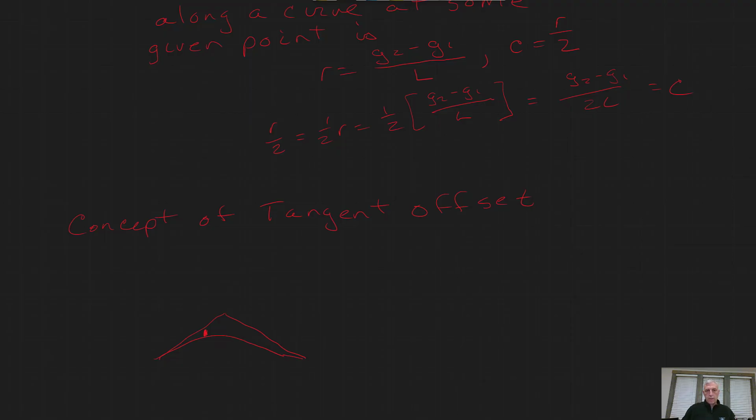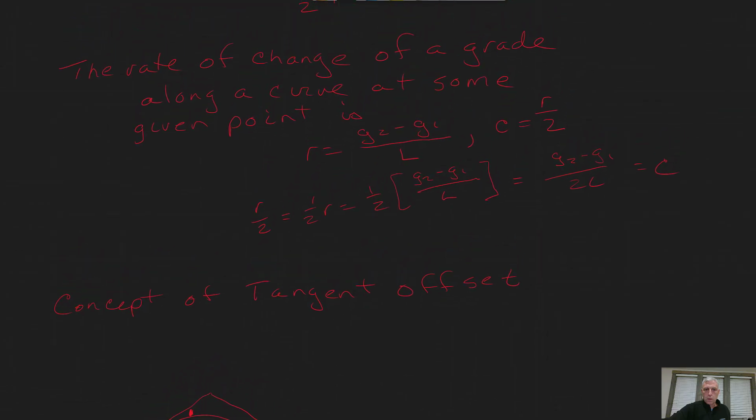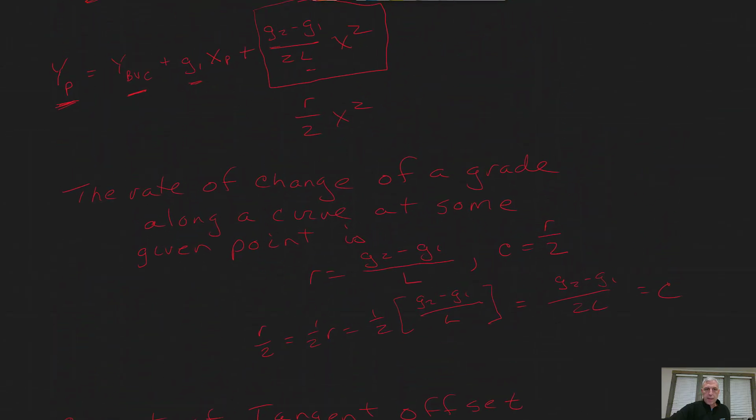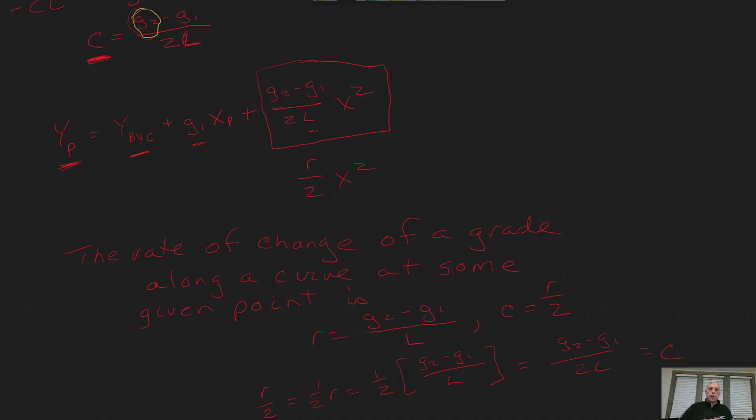So that tangent offset, and it makes sense if you think about it, that tangent offset is this. So Cx squared equals tangent offset at any given point.